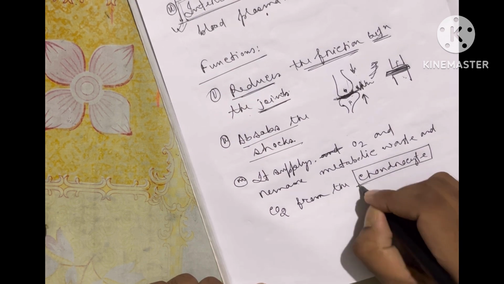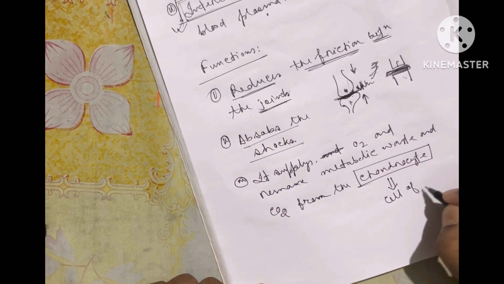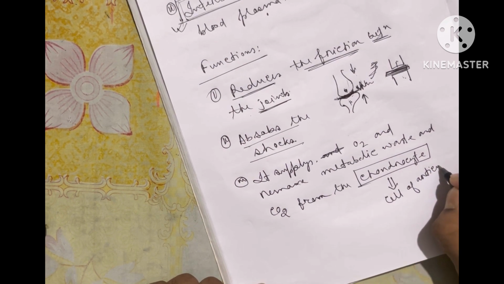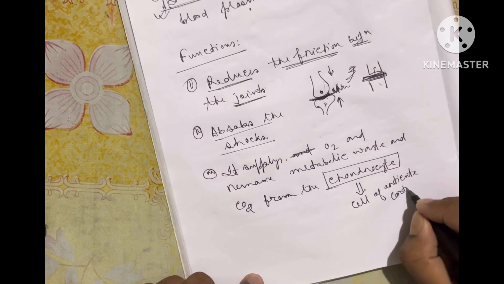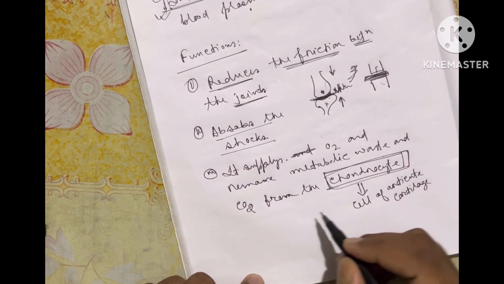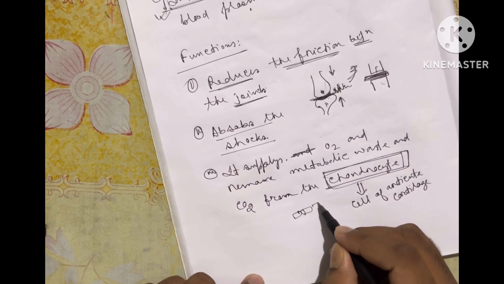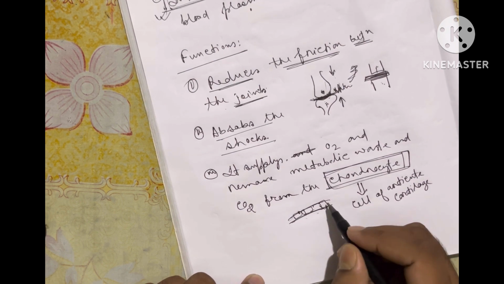So these chondrocytes are the cells of articular cartilage. These are nothing but the small cells which finally form the articulating cartilage.